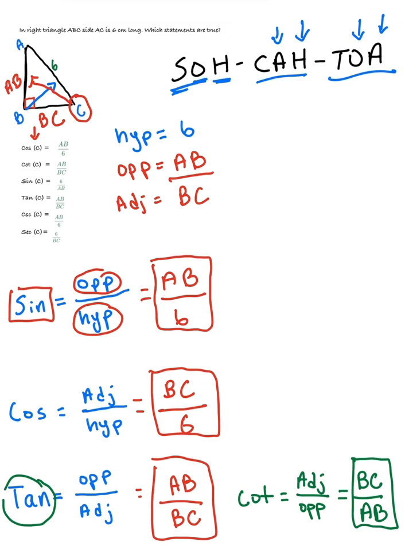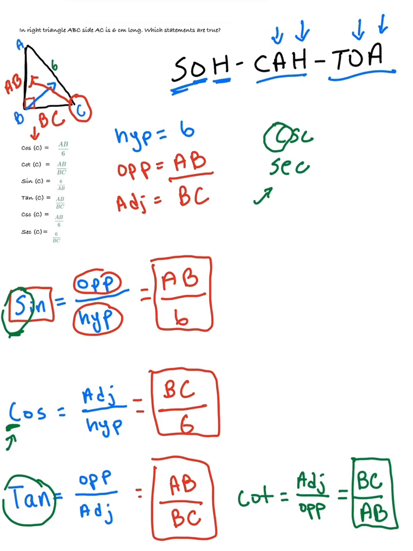Next we have cosecant and secant. The way I remember this is notice how we have sine and cosine, one has an S and one has a C. Well, cosecant and secant also have a C and an S. So the way I associate it is that sine goes with cosecant and cosine goes with secant. The C and the S go together.